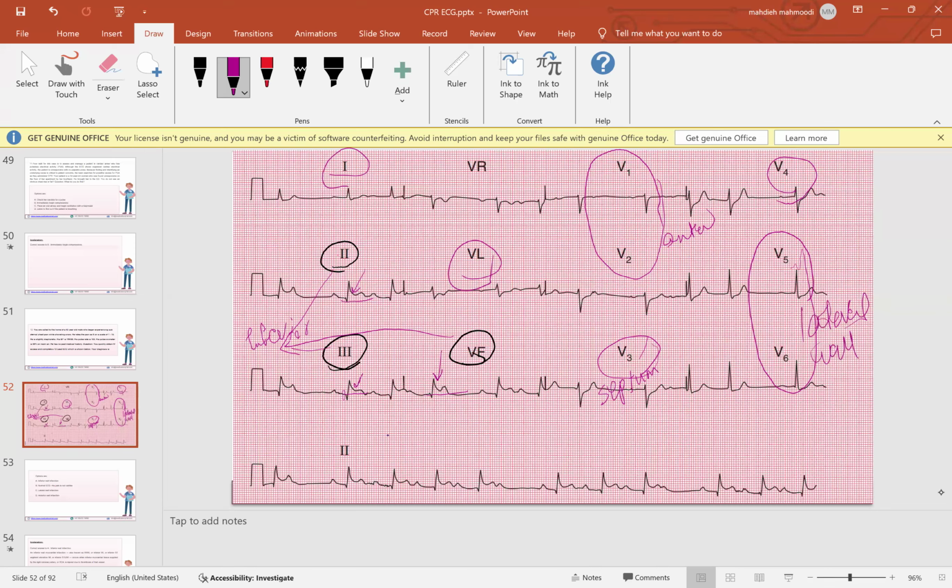Fine. Another question within this question, you've got a diagnosis of STEMI. Not all the infarctions are STEMI.